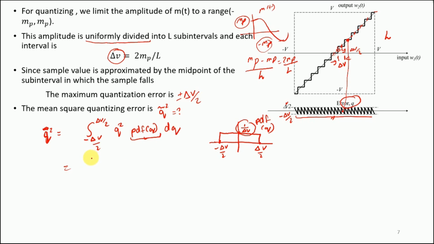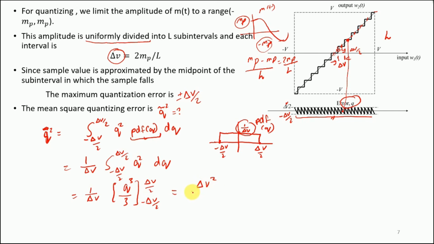So this means that 1 over delta v, which is coming from here, for this integration from minus delta v by 2 to delta v by 2 of q square dq, is simply 1 over delta v times q cube by 3 evaluated from minus delta v by 2 to delta v by 2, and if you put the limits, you are simply going to get delta v square by 12.